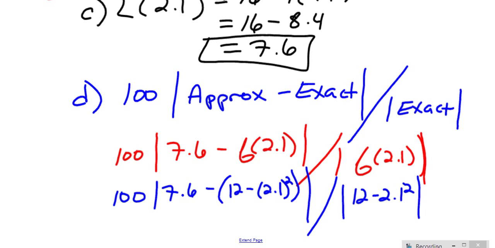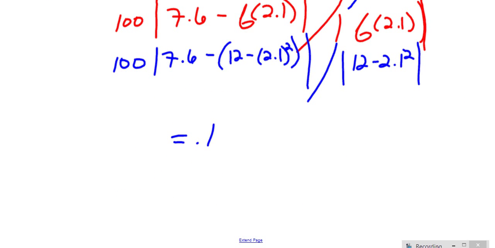And then I got 0.13, and remember, because of the 100 it's a percentage, so it's a 0.13% error on this. We can always determine whether that's an acceptable error or not, depending on the application.